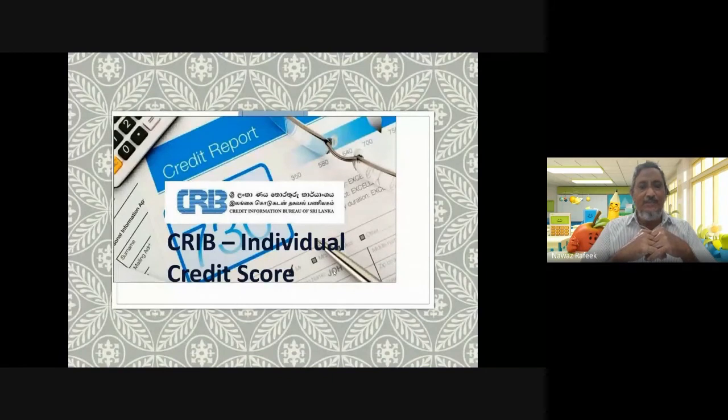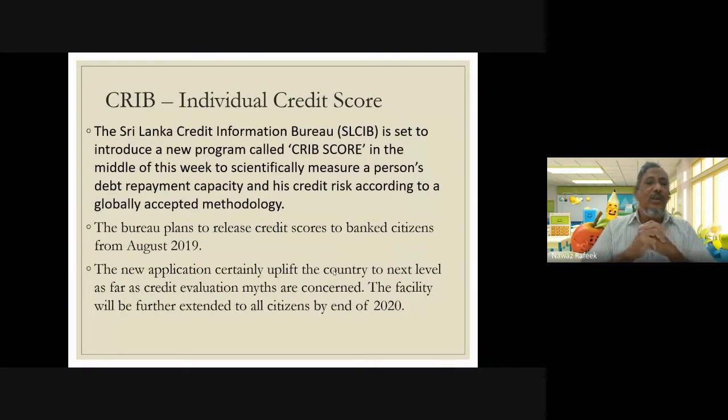Now, next is the latest development in credit score: the CRIB Individual Credit Score. The Credit Information Bureau of Sri Lanka, CRIB, has developed a certain product for credit scoring.